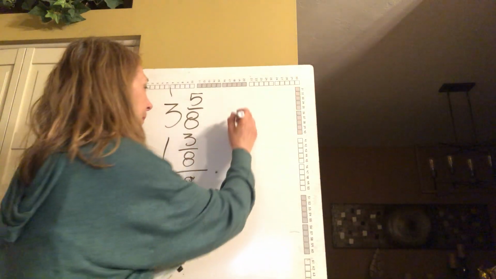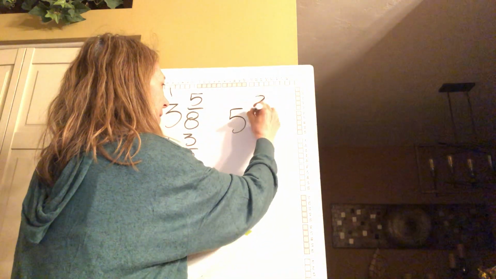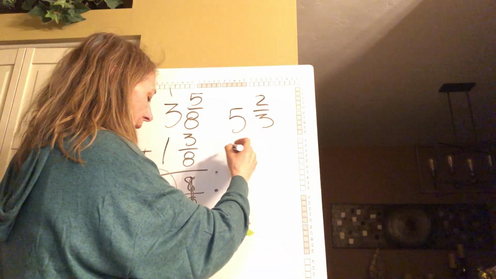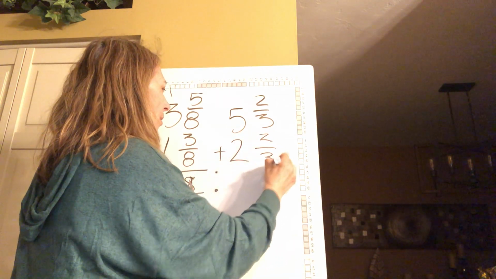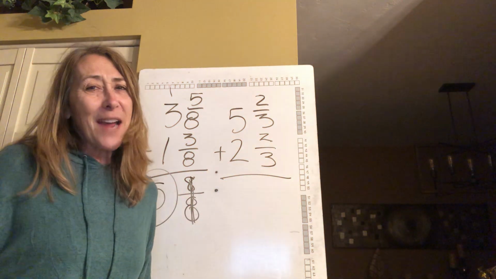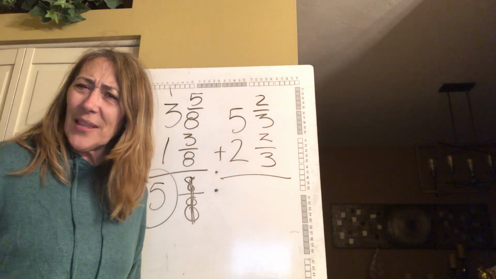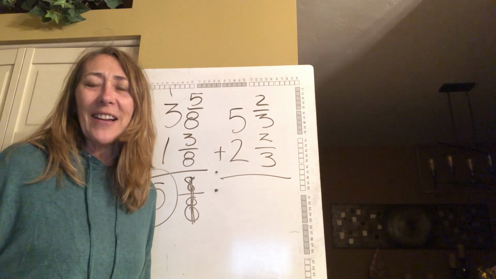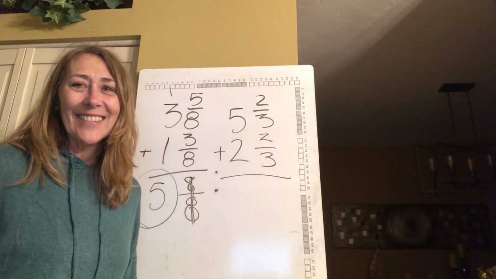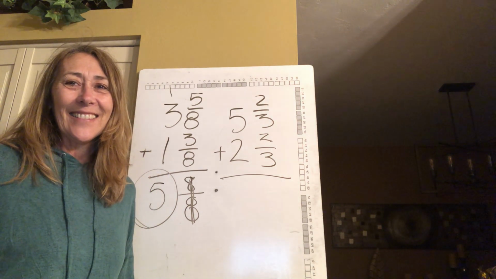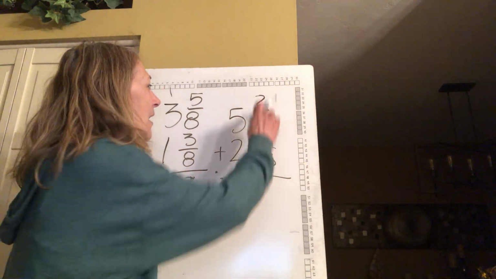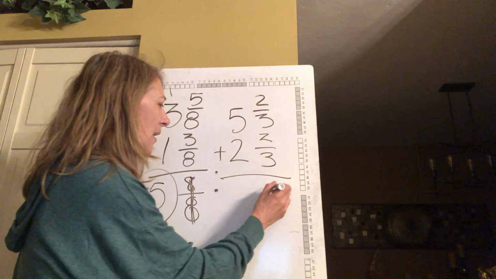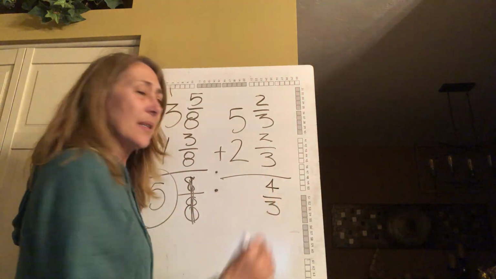Number 10, 5 2/3 plus 2 2/3. Might be a good time to pause it and try answering that yourself, and we'll come back and correct it together. Great, let's see how you did. 2/3 plus 2/3 are 4/3.